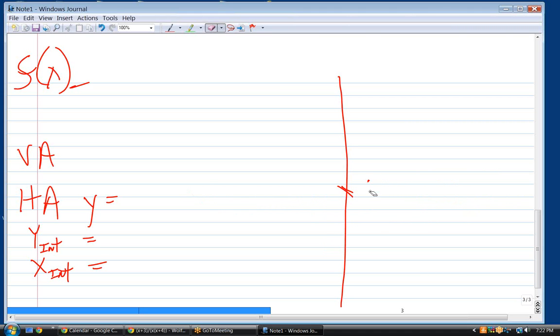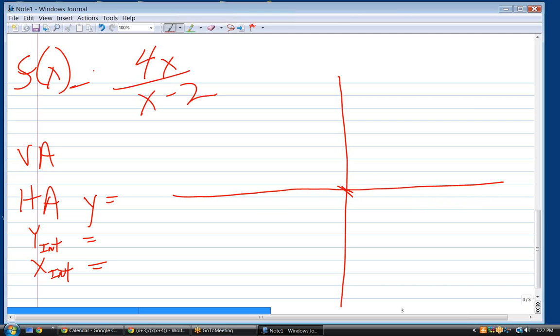What else you got? 4x over x minus 2. Yeah. Okay, vertical asymptote? x equal 2, because that is the equation of a line. It's not a point. Horizontal asymptote. y equal 4.